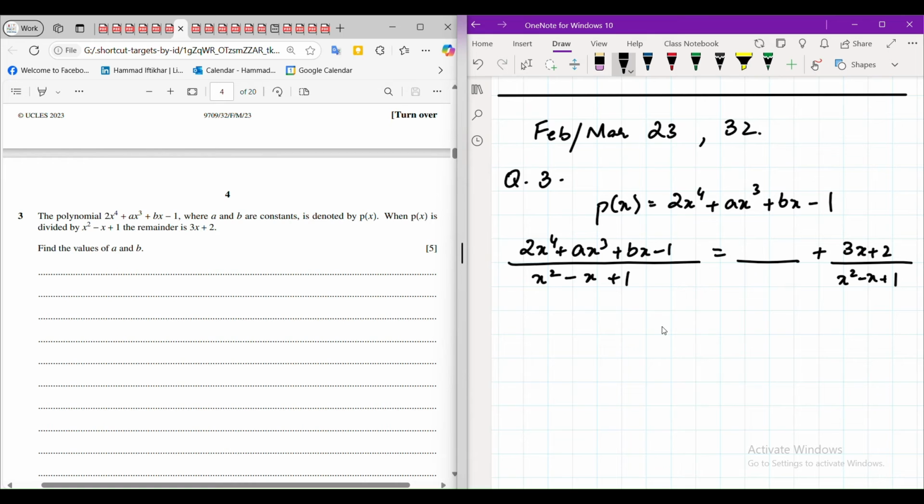So that's what it's telling us. Or we can rearrange this also.